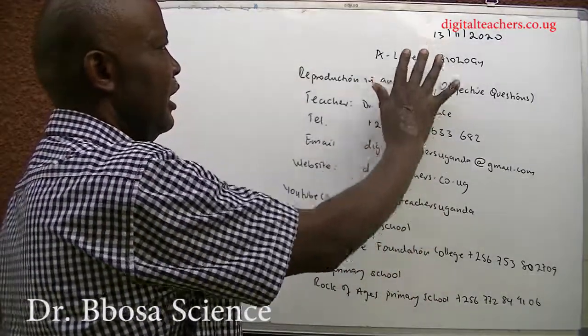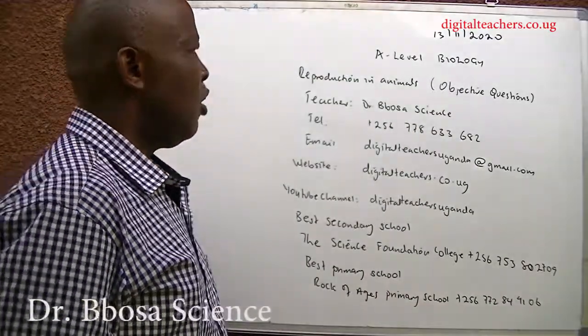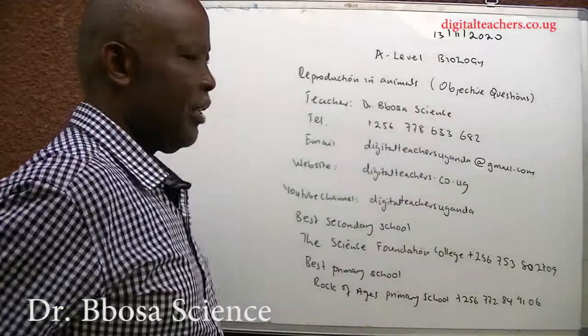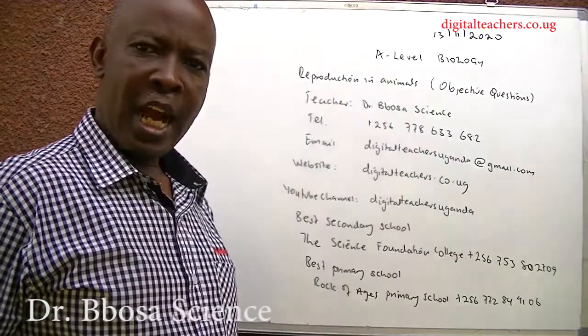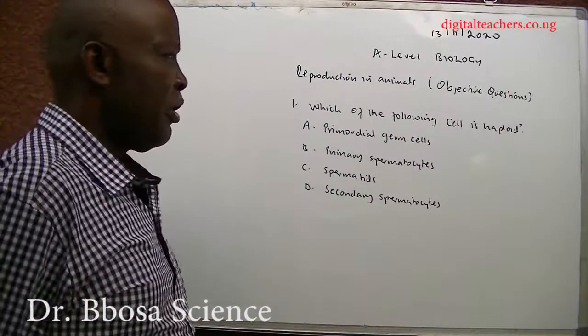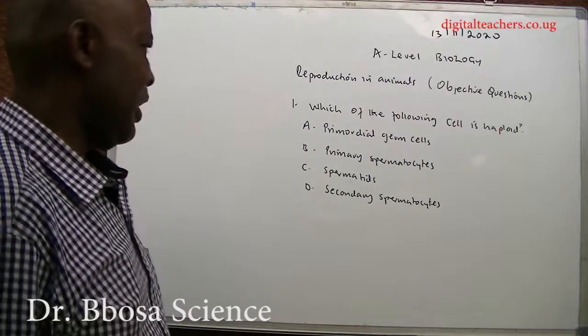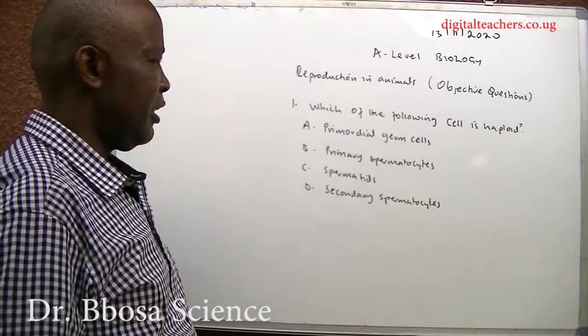Today, 13th November 2020, we are going to revise objective questions in reproduction in animals. Number 1, which of the following cell is haploid? A. Primordial germ cells.